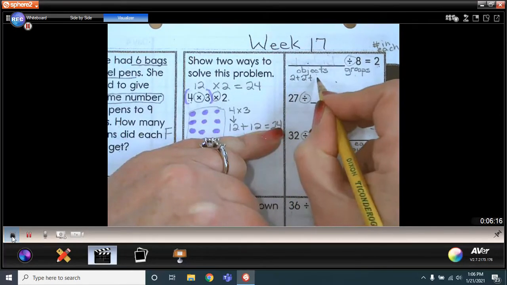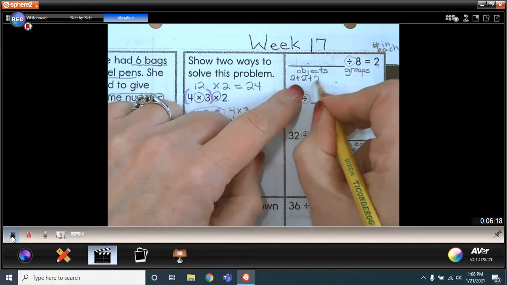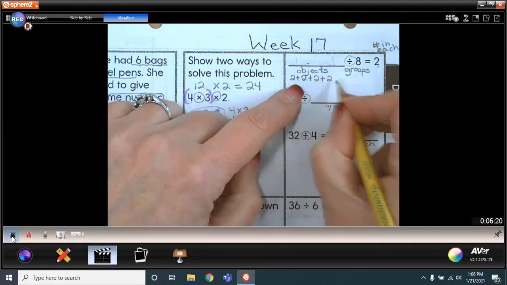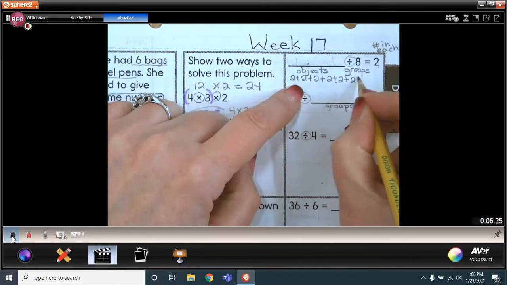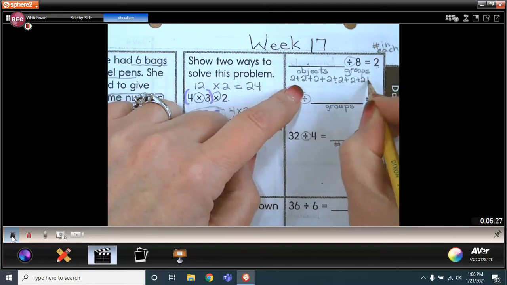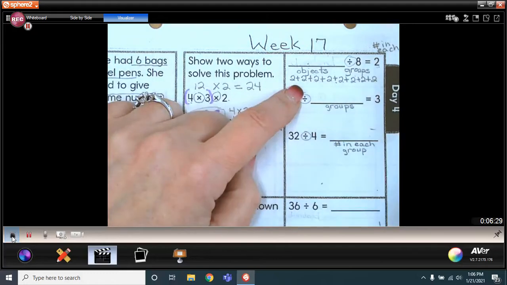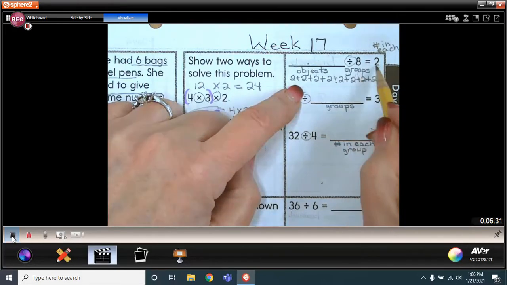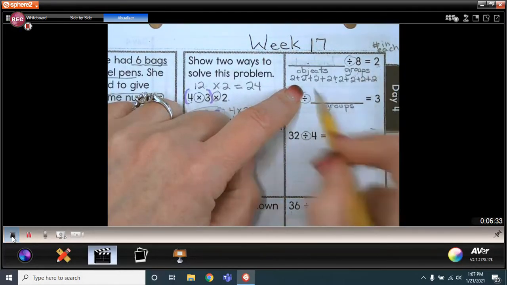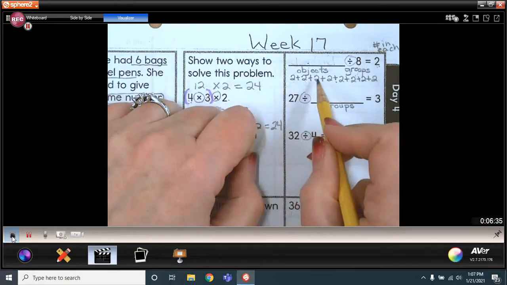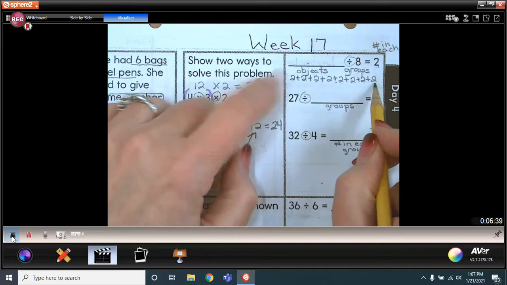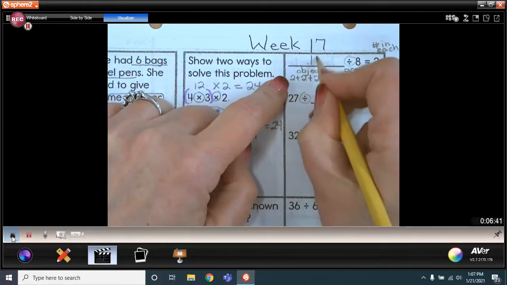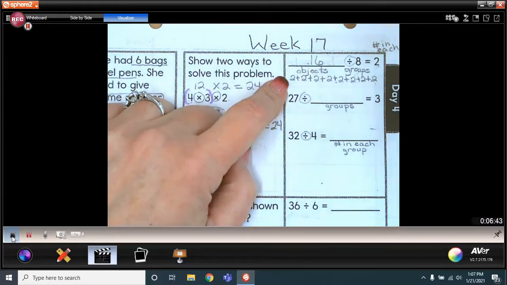So now I'm at 2 groups, 3 groups, 4 groups of 2, 5 groups of 2, 6 groups of 2, 7 groups of 2, 8 groups of 2. So my 8 groups with 2 objects in each group is going to give me 2, 4, 6, 8, 10, 12, 14, and 16. 16 objects are what we're starting with.